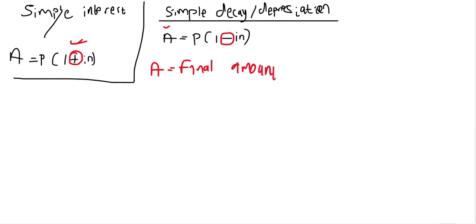and the value of P is the starting amount or the principal amount. So P is the starting amount and I is the interest rate.